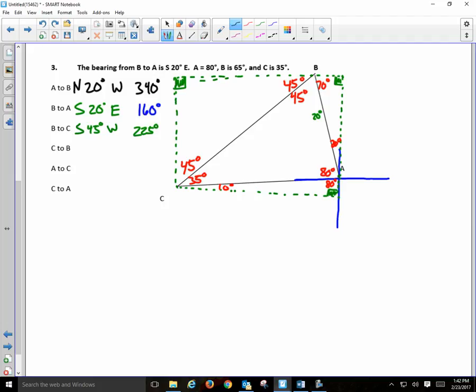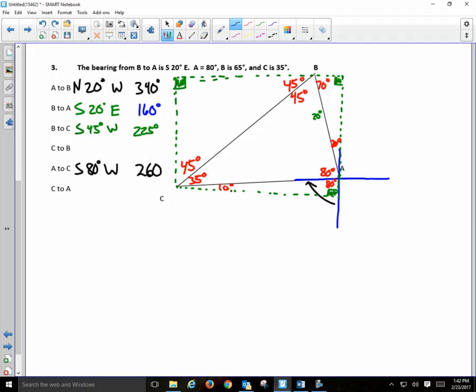General direction of A to C. Southwest. From south, how many degrees do you turn to the west? 80. Good, 260.